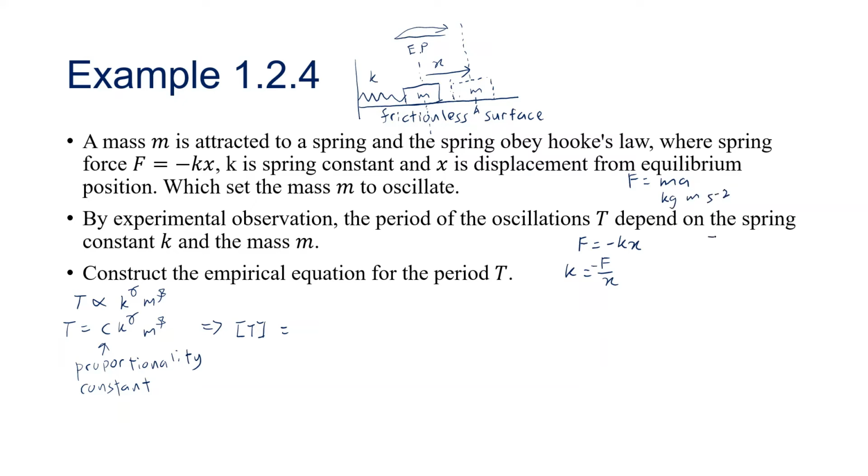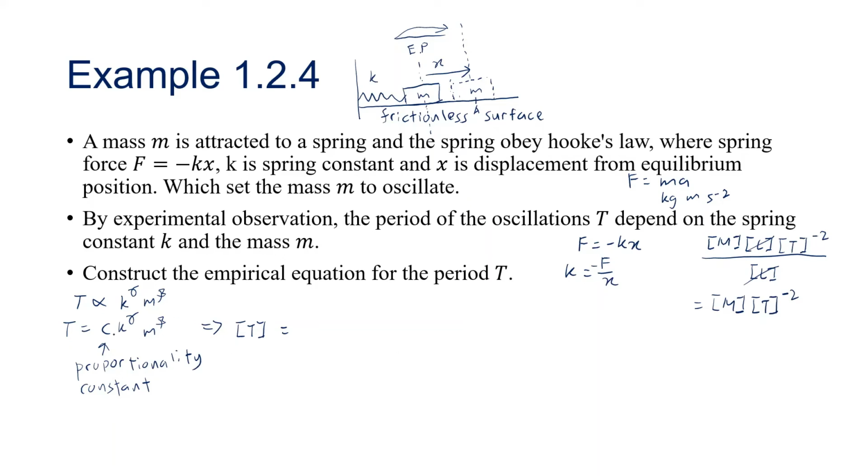In terms of dimension, this is M L T to the power of negative 2. This is divided by x, and x has the dimension of L. You can see this will just cancel out, so the dimension of k is just M T to the power of negative 2.